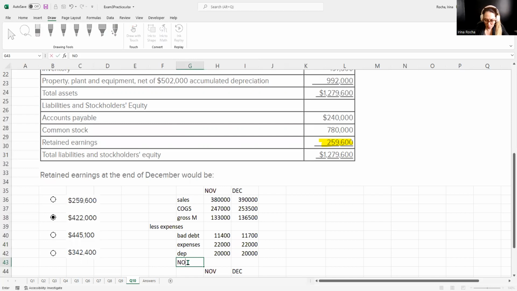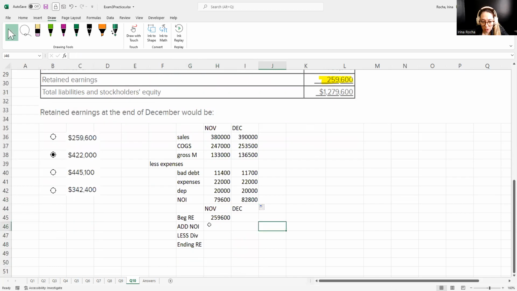So my net operating income equals my gross margin, less my loss, my expenses, and my depreciation. Depreciation is a non-cash expense, but it does count for net operating income. So I had here my beginning retained earnings, right, that I got from this part of the information right there.